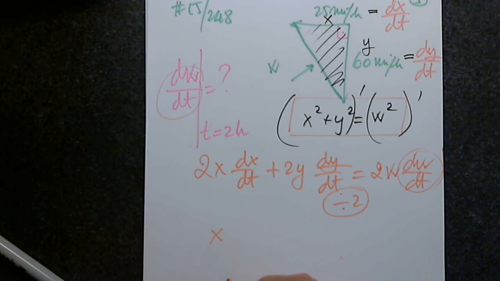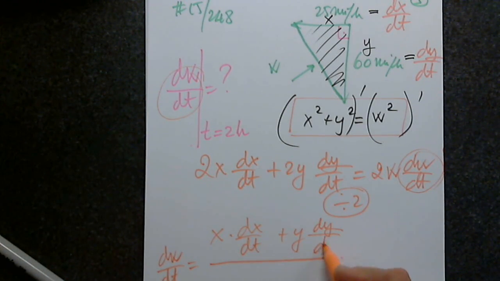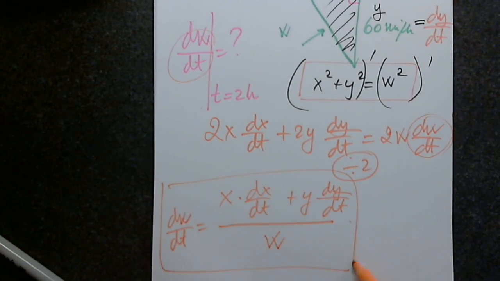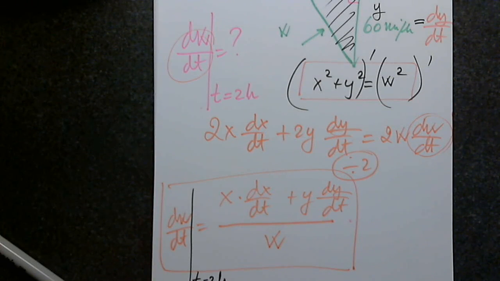So I have dw over dt equals x dx over dt plus y dy over dt, everything over w. I determine the derivative of w with respect to time. Now, I can continue evaluating it when t equals 2 hours. But I'm far from being done with this.